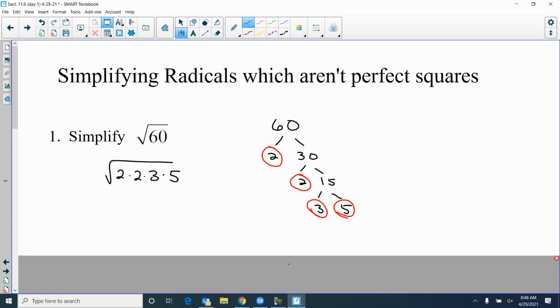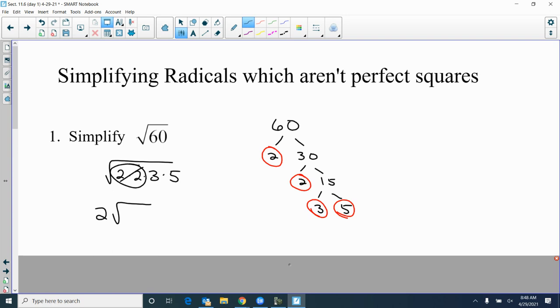What you want to look for now are any pairs of numbers. Once you have that, is there a pair? Pair of 2s, right? I'll circle those. If there's a pair of numbers on the inside, you take that out and it becomes one 2 on the outside. And anything left on the inside, you multiply back together. If there's only one number left, you leave it.